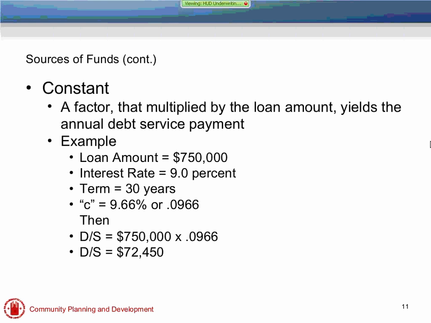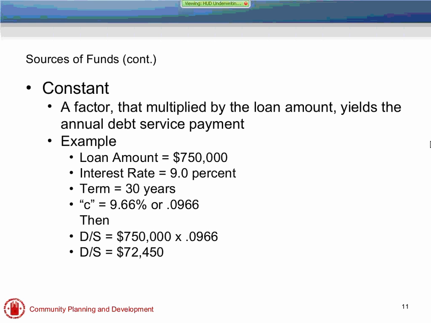So in this example here, we have a $750,000 loan. We have a 9% interest rate with a 30-year term. So if you were looking at the constant on the chart, you'd be looking at 9% interest rate for a 30-year term, and the chart would show you 0.0966. That's our constant.